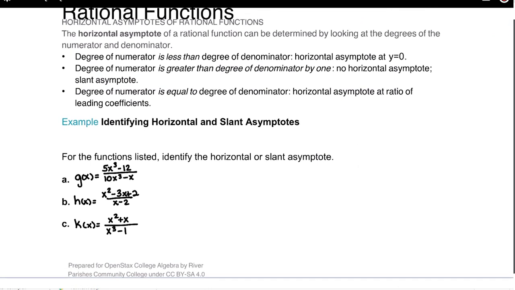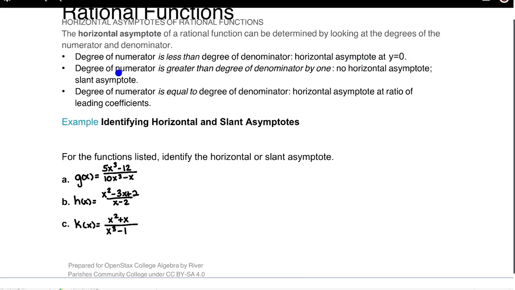So that brings us to horizontal asymptotes. We approach those a little bit differently. We have rules to go with them. What we're going to do is compare the degree of the numerator and the denominator. If the numerator degree is less than the denominator degree, then the horizontal asymptote is at y equals 0.